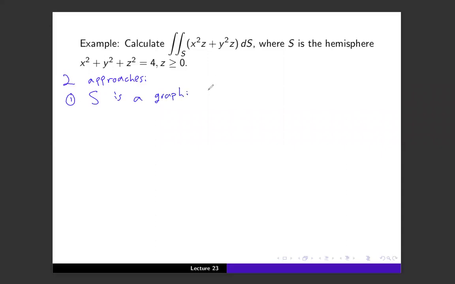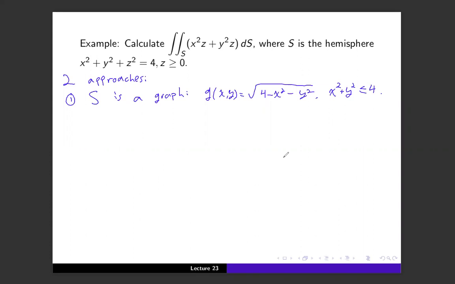You can write this as the graph of the function g(x,y) equals the square root of 4 minus x squared minus y squared, for x squared plus y squared less than or equal to 4, to ensure that the thing inside the square root is a real number.